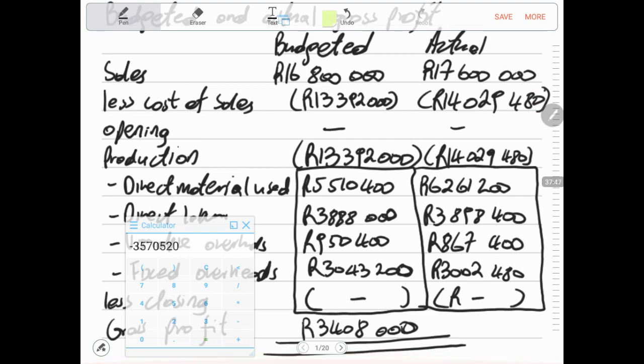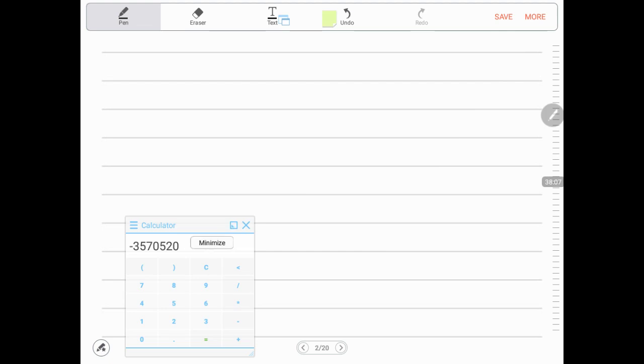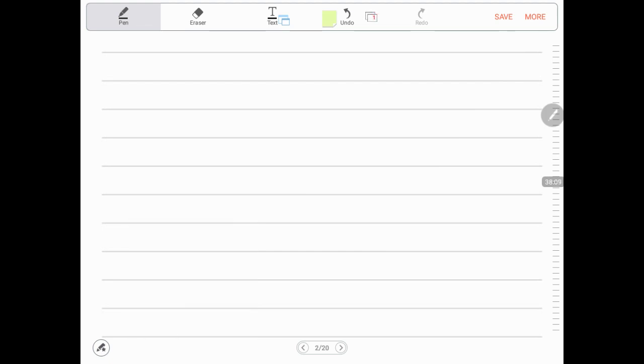That is my cost of sales, and my gross profit comes to 3,570,520. So this is my actual gross profit. Then from here I will be doing the variances, and when I'm done with the variances, my budget will reconcile to actual.